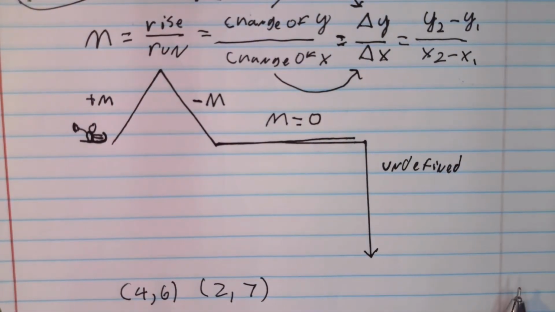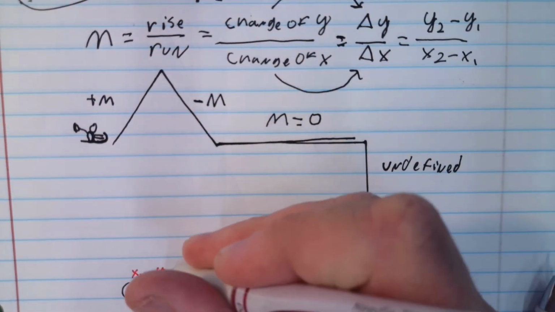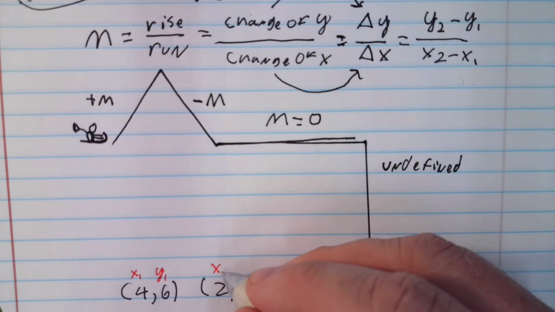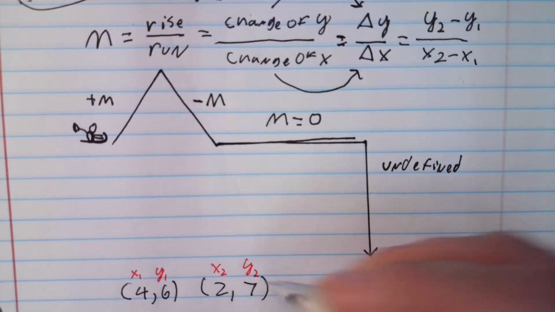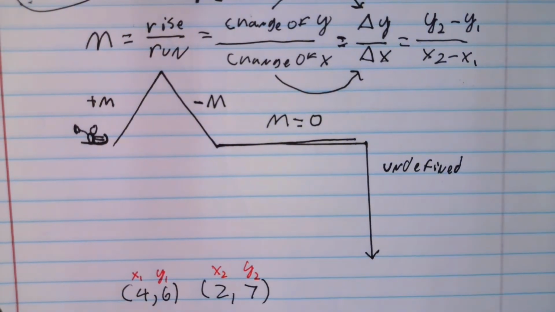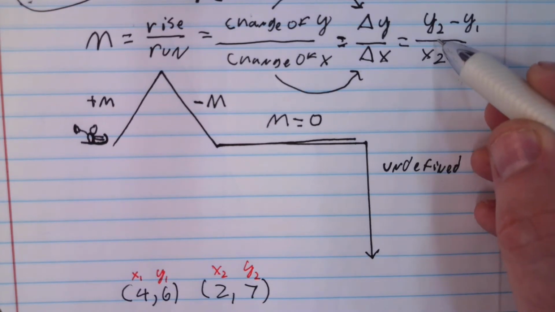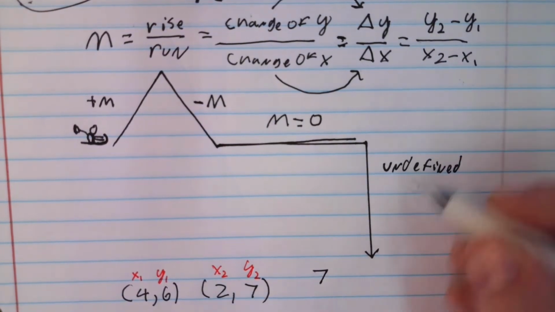So, just to remember, this is going to be x1. This is going to be y1. This is going to be x2. This is going to be y2. All I have to do is substitute this stuff in here. Okay. So, this says y2 first. 7.